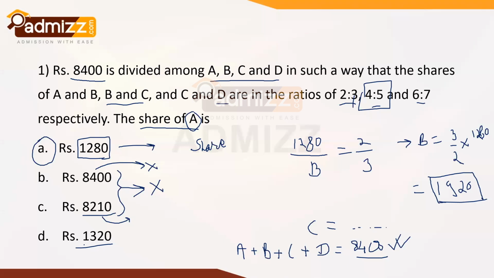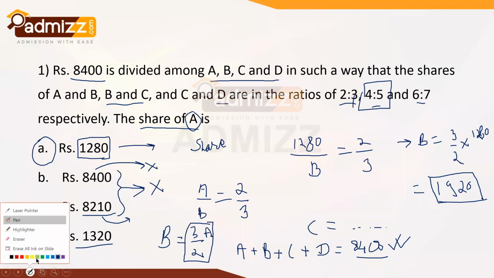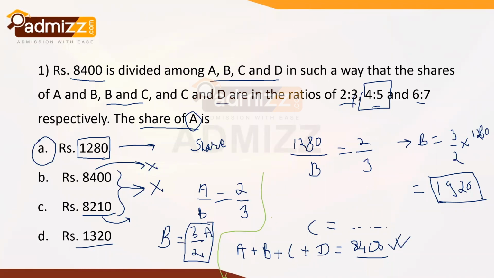right? So what can be done is you can do A over B equals 2 by 3, right? So you can do B is equal to 3 by 2A, right? And now using this quantity, 3 by 2A, what you can do is, let me use a different color just so that it's distinct. I'll be doing it somewhere around here.